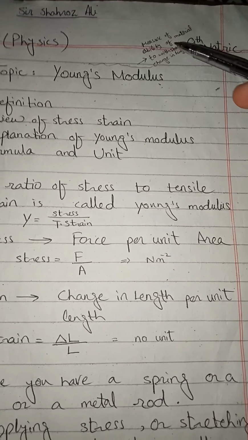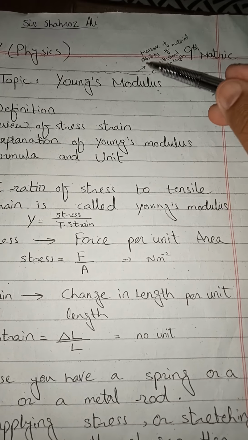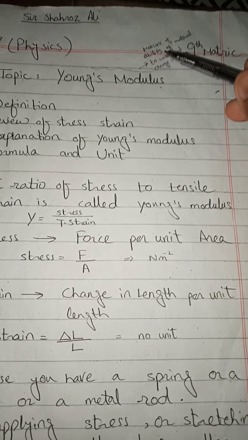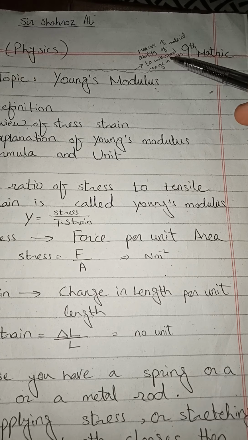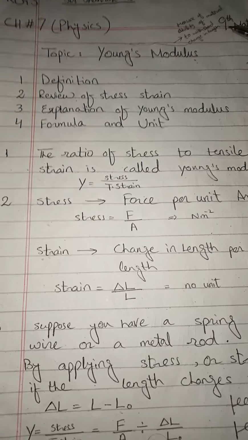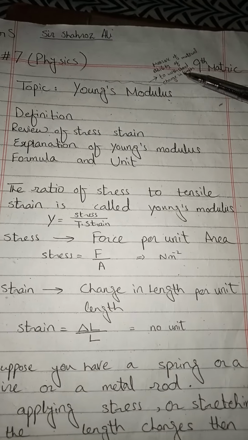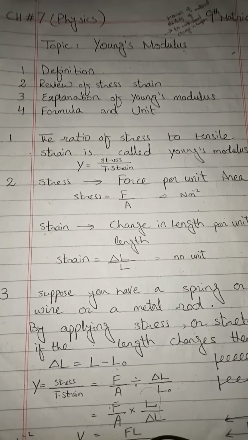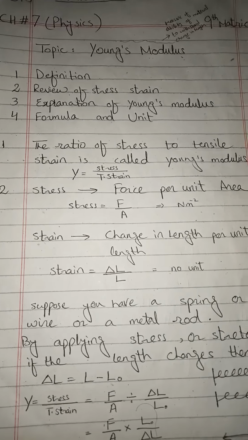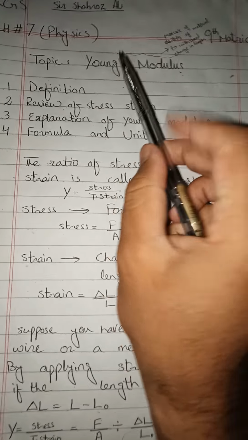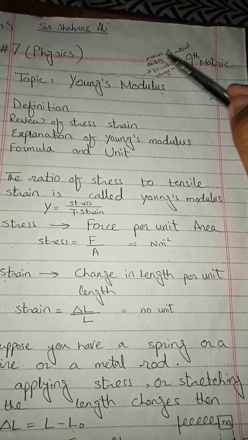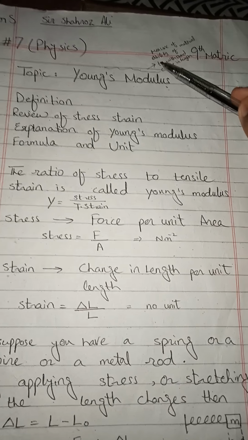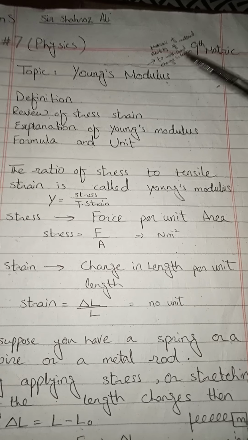Young's modulus is the measure of the ability of the material to withstand the change in length. So we will discuss how much change is considered here. We are talking about change in length.